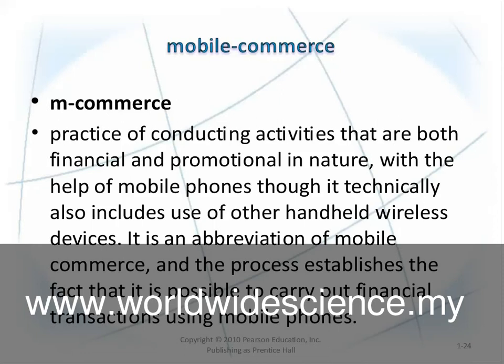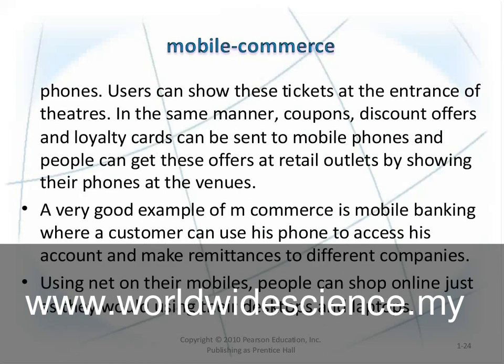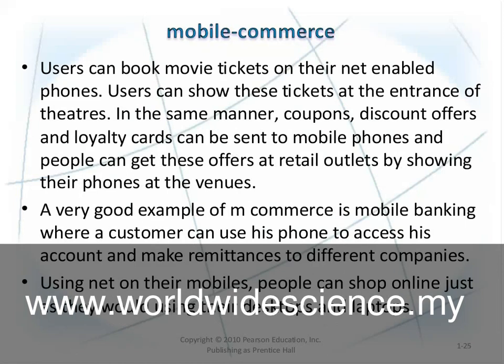So with mobile commerce, users can, for example, book movie tickets on their net-enabled phone. Users can show these tickets at the entrance of theaters. In the same manner, coupons, discount offers, and loyalty cards can be sent to mobile phones, and people can get these offers by showing their phones at the venues.